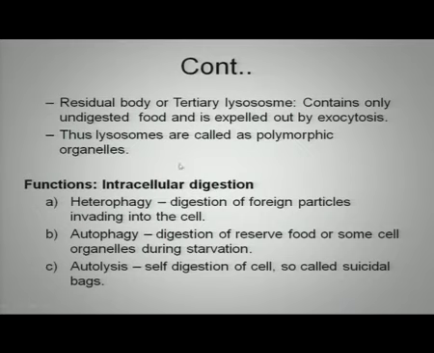Now, coming to the functions of this lysosome. First one is heterophagy, digestion of foreign particles that are invading into the cell. So, it is known as heterophagy.